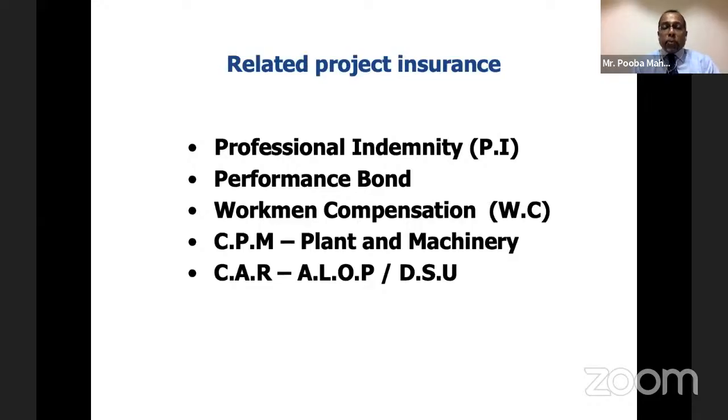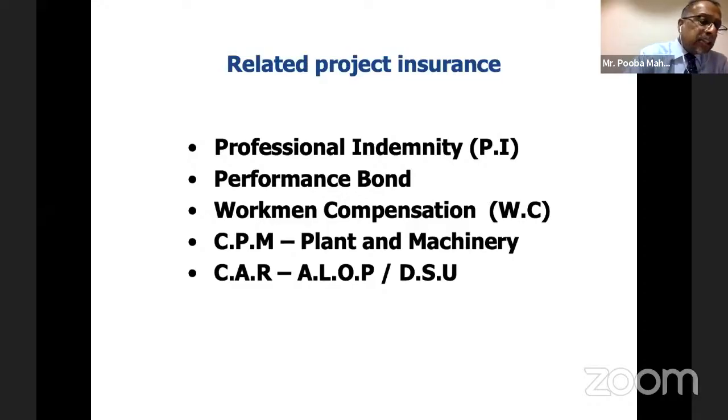Now, the CAR policy itself, the last item on this list, I just want to say that there's also some additional coverage called ALOP or DSU. Some of you may be wondering what's all this. ALOP refers to advanced loss of profit, while DSU is delay in startup. These are very specialized coverages that take care of project delays.